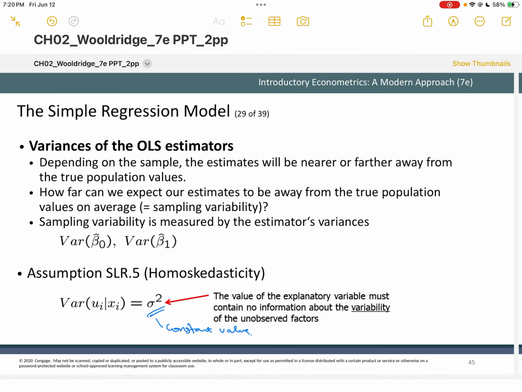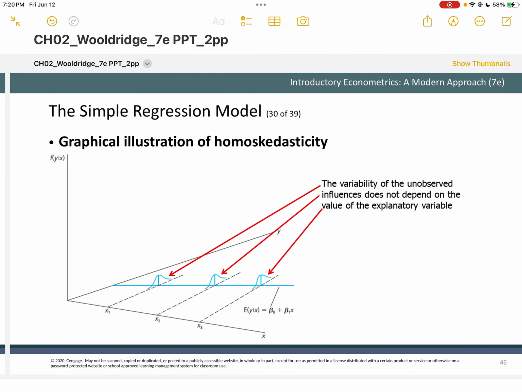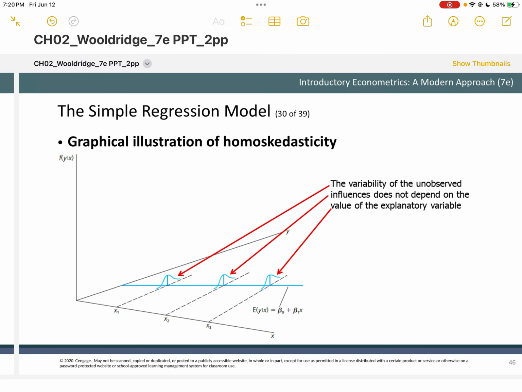What does this mean? Homoscedasticity. Well, here is a graph of homoscedasticity. And I can draw a better one. We have 8 years of education, 12 years of education, 16 years of education, and we have our fitted line.